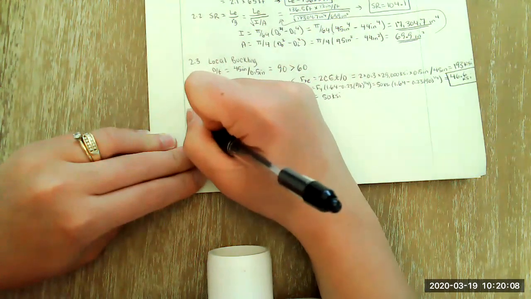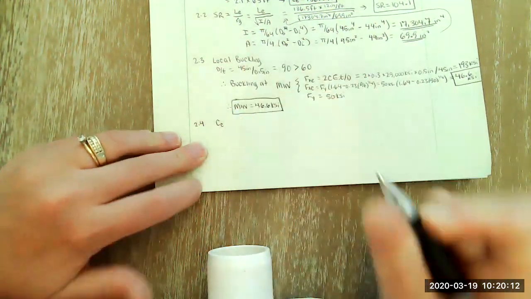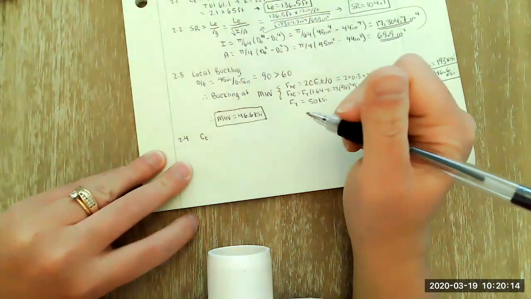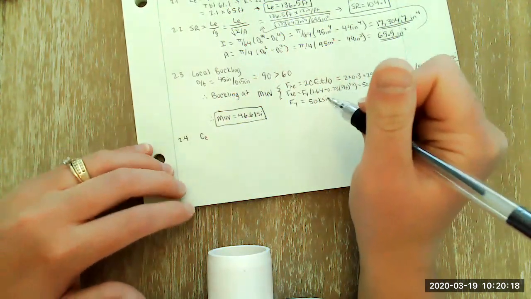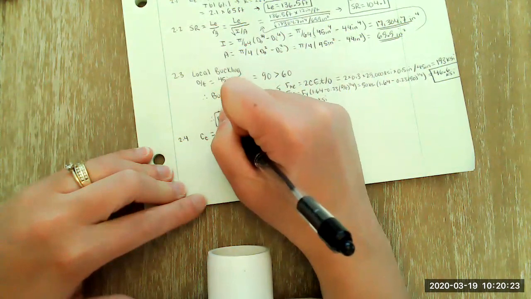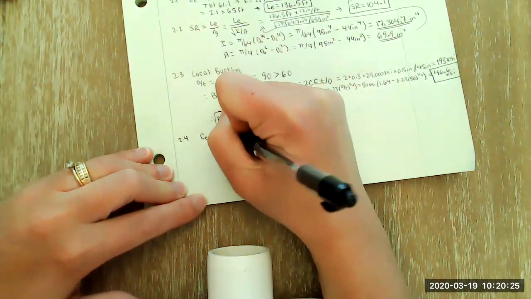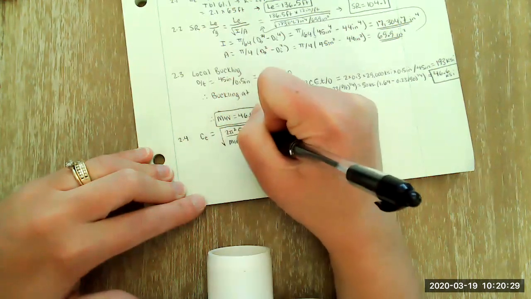So what we do next is we calculate our critical slenderness ratio. This helps us determine whether we have a long and slender Euler column, an intermediate Johnson column, or a short and stubby column. So C sub C, our critical slenderness ratio, is equal to the square root of 2 pi squared E divided by min.